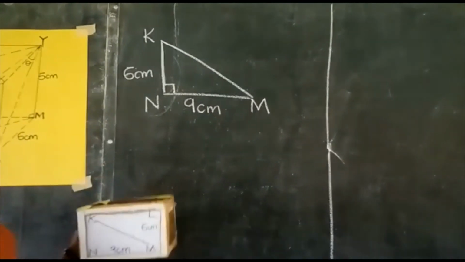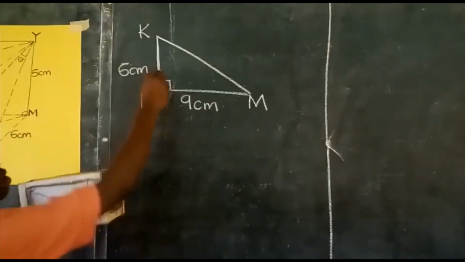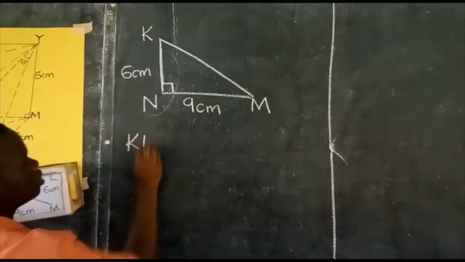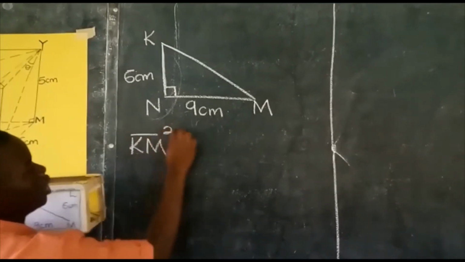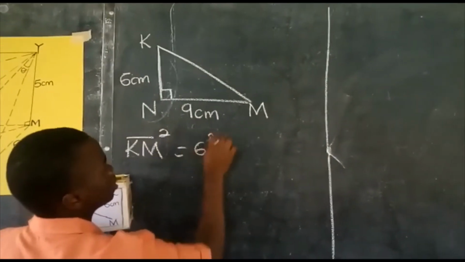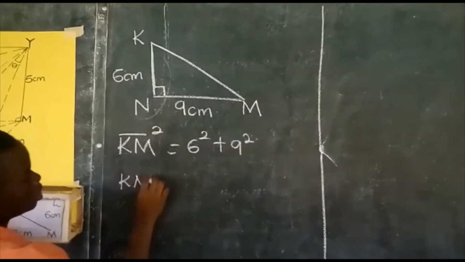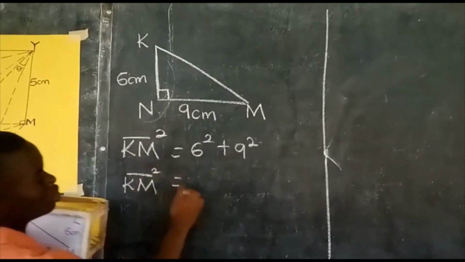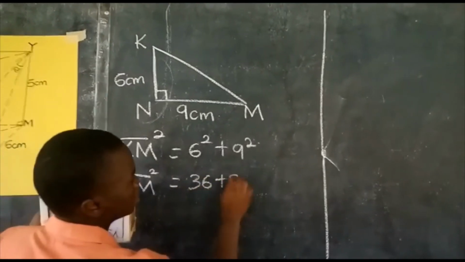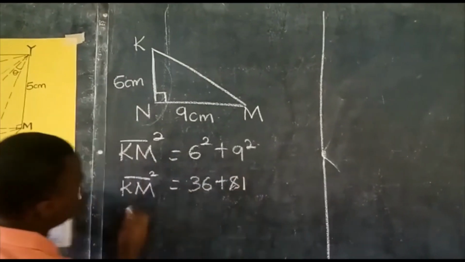So we are going to use the Pythagoras theorem to find length KM. KM squared is equal to 6 squared plus 9 squared. So line KM squared is equal to 36 plus 81.